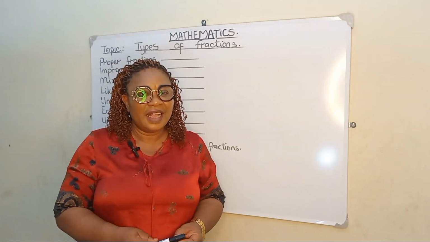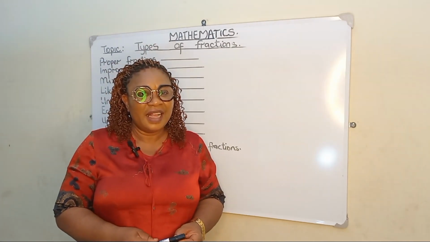The next one we are going over to is a like fraction. They look alike. Like fraction. When we talk about like fractions and unlike fractions, let me jam them together. We look at their denominator. When I say denominator, I mean the number down. I mean this denominator. We look at their denominators. It is their denominators that make the difference.